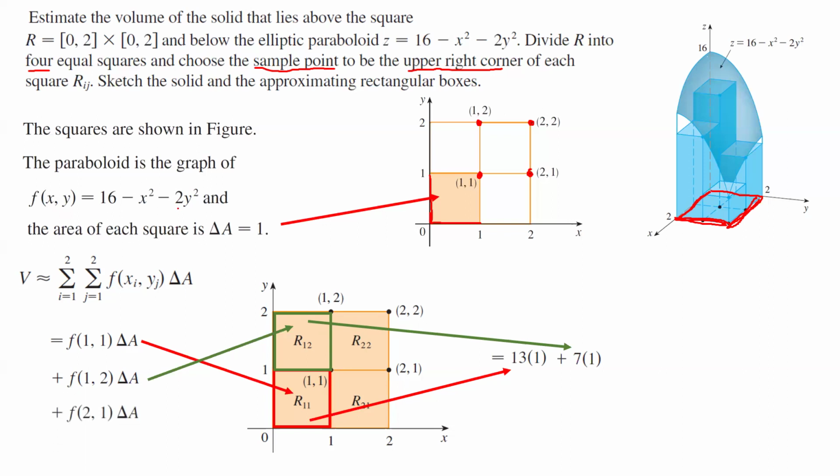Calculate the next volume, f of 2 and 1 times delta A, which is 10 times 1, plus f of 2 and 2 times delta A, which is 4 times 1. The approximation is 34. So the volume of the object below this elliptic paraboloid bounded to this base is about 34. So this is an old-fashioned method of calculating the volume.